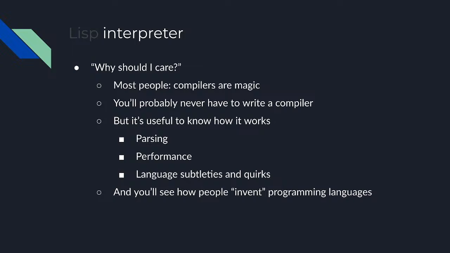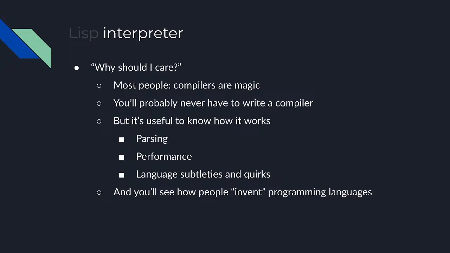Some interesting parts of the world of compilers are how parsing works, which I'll explain later. Performance stuff, so different compilers do things to your code to improve performance. And sometimes it's good to know what happens under the hood if you encounter strange things in weird languages.